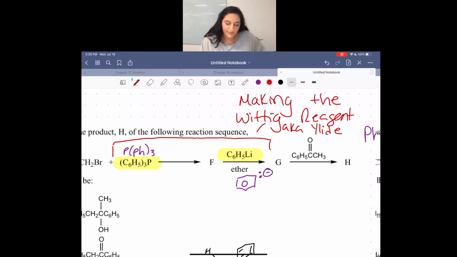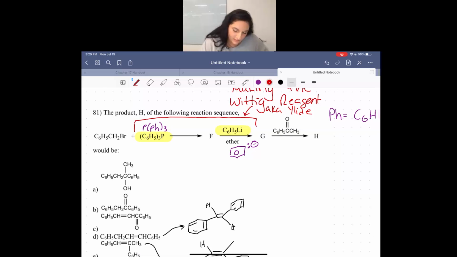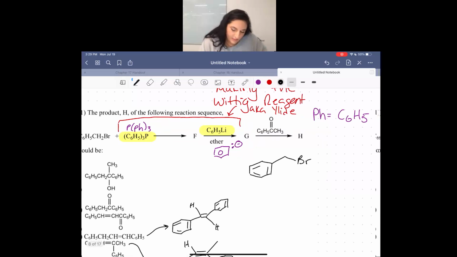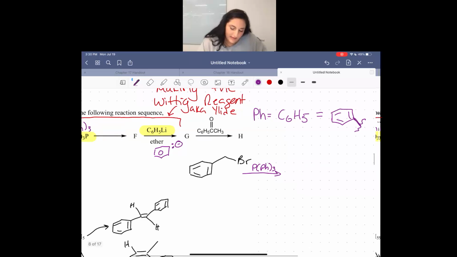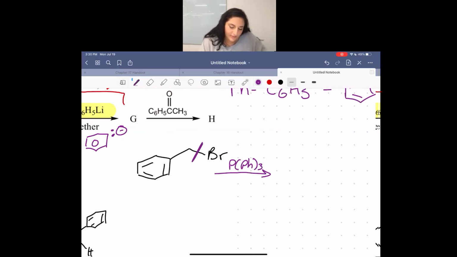That's what's happening here. In step number 1, we go from this alkyl halide and we react it with PPh3. And remember, PPh3 is just going to kick the halide off and replace it.